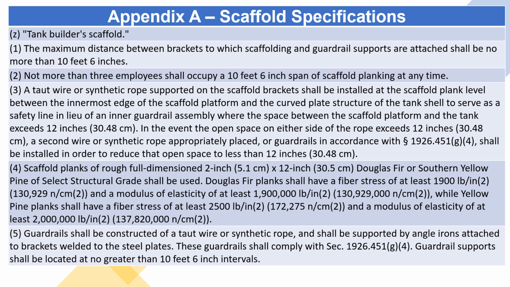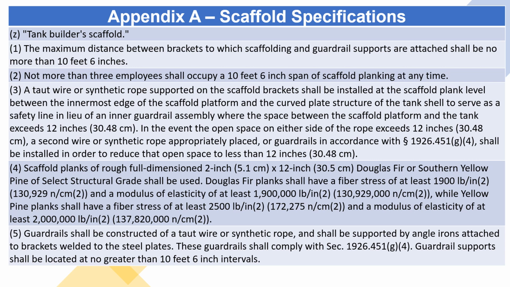Douglas fir planks shall have a fiber stress of at least 1,900 lb/in², 130,929 N/cm², and a modulus of elasticity of at least 1,900,000 lb/in², 130,929,000 N/cm², while yellow pine planks shall have a fiber stress of at least 2,500 lb/in², 172,275 N/cm², and a modulus of elasticity of at least 2 million lb/in², 137,820,000 N/cm².